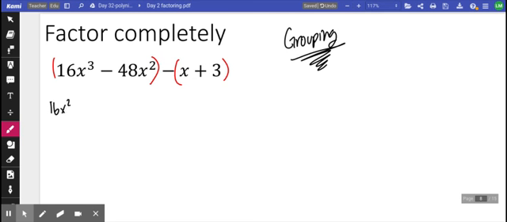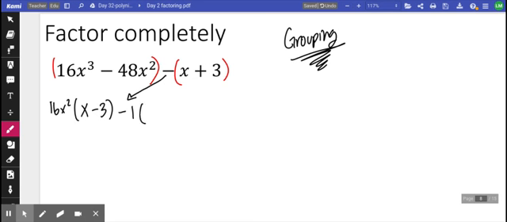Oh, I can pull out 2 x's, and if I do that, I'm left with x minus 3. Keep that minus sign. Now, GCF between x and 3, not much to work with, but I need to pull out just something. I'm going to pull out a minus 1.